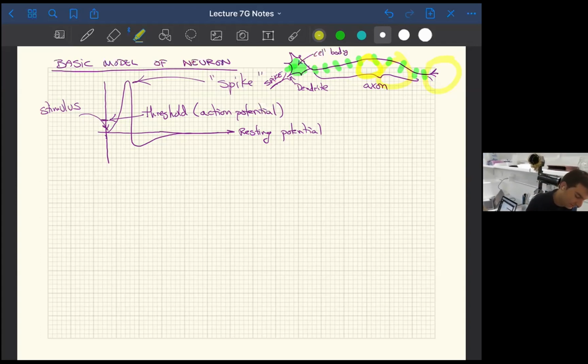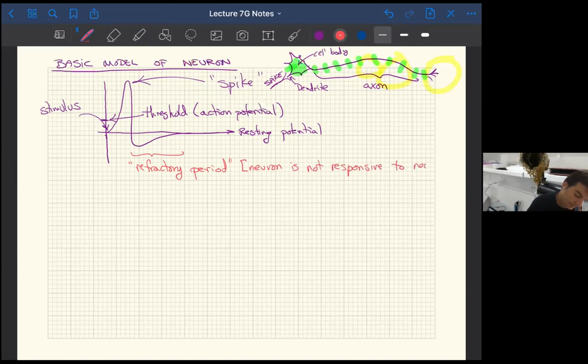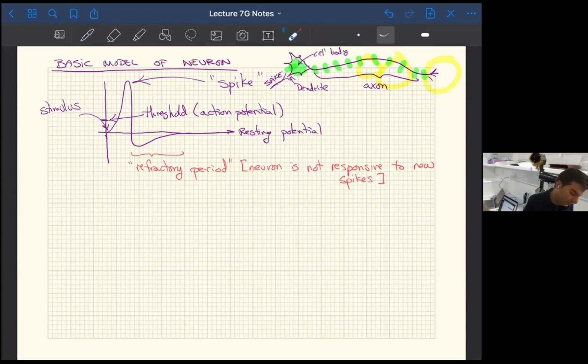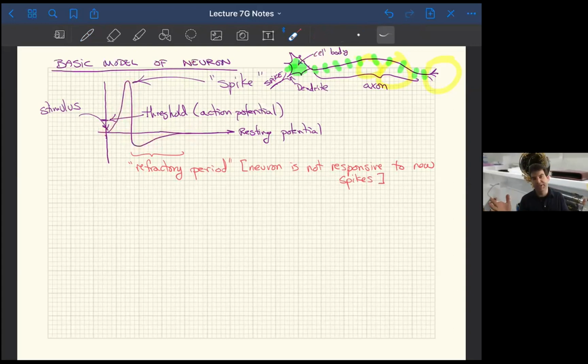And underneath here is a so-called refractory period, where basically the neuron is not responsive to new spikes. And so these dynamics, the shape of this curve, end up limiting how quickly spikes can come after each other.